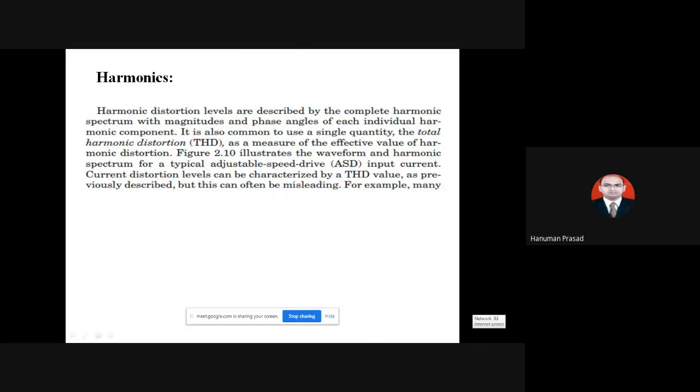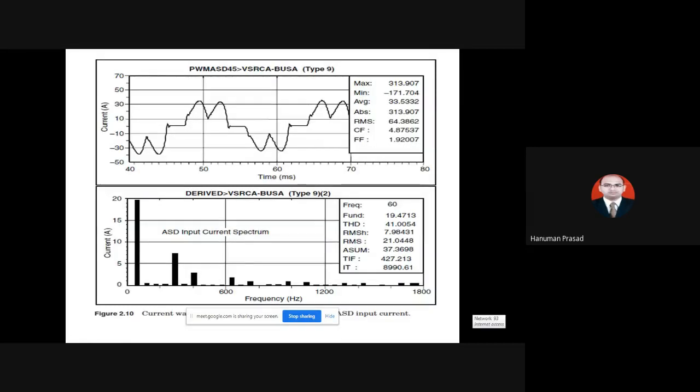So harmonics are coming due to the adjustable speed drives and heating वगैरह. तो ये आपकी है, that is the total harmonic distortions. This is the spectral waveform of adjustable speed drives. So we are not getting the pure sine wave.